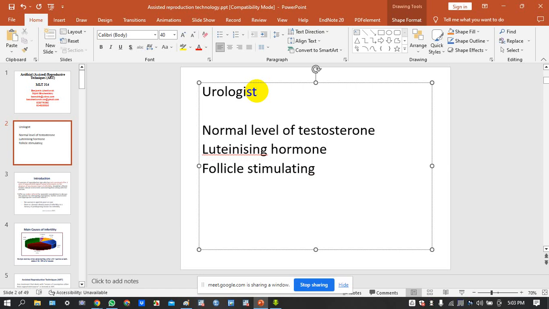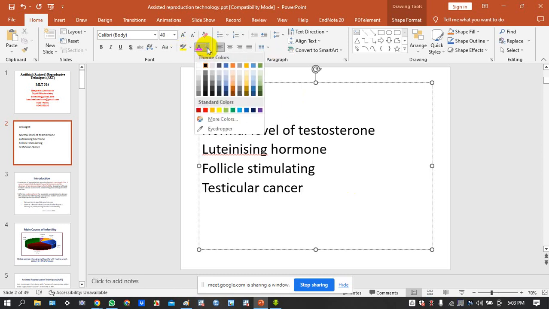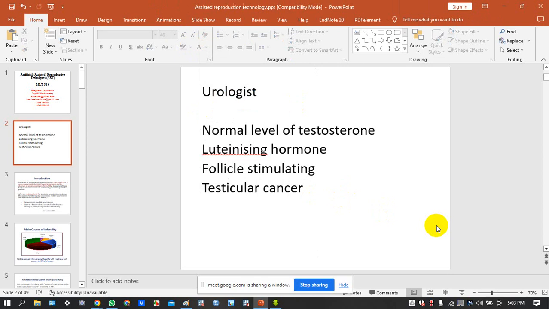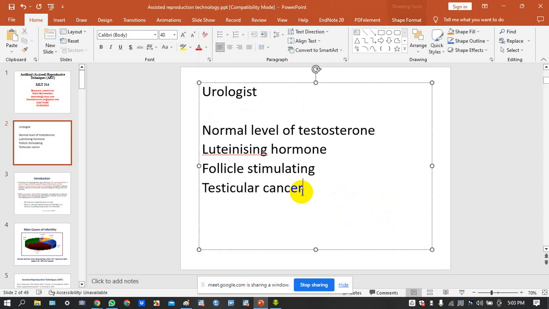If the male is not producing these hormones, or in case he has testicular cancer, you have to assess it using a testicular biopsy.